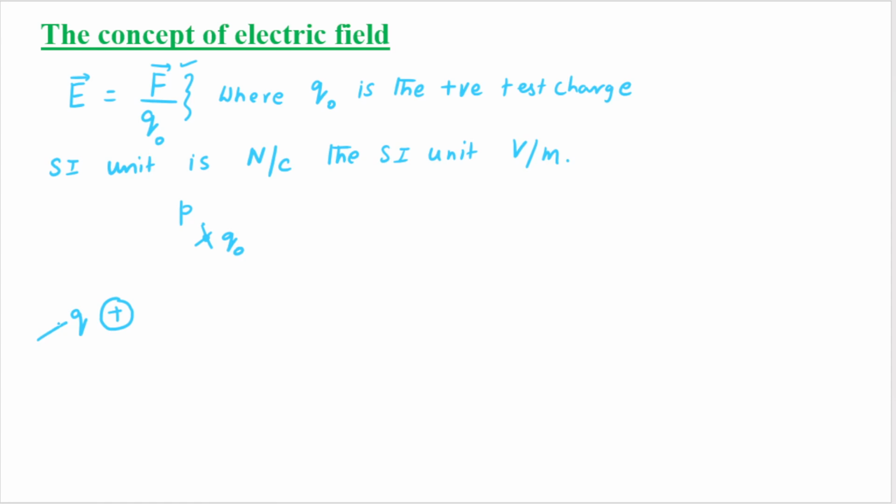Since this charge is positive and the test charge by definition is positive, there is a force of repulsion on charge Q0. It can be seen that the force will act in this direction. So this arrow gives the direction of the electric field at point P because of the positive charge Q.